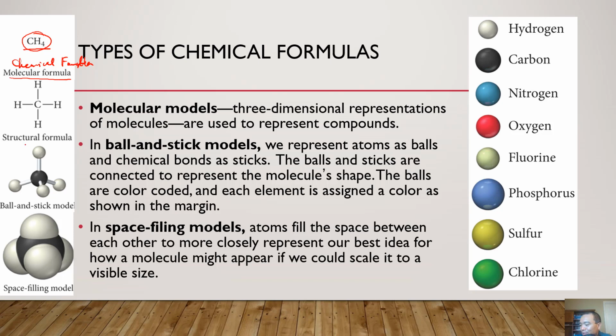And the structural formula, in this single line, tells you it's a single bond being formed between carbon and hydrogen. We have another model that is so-called the ball and stick model. In the ball and stick model, the balls represent atoms, and the sticks represent the chemical bonds formed between the atoms.